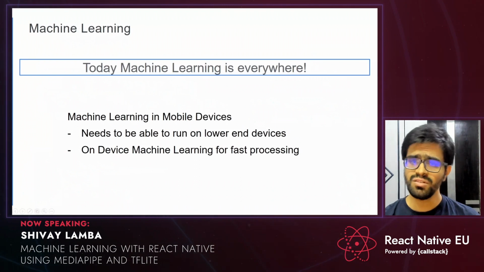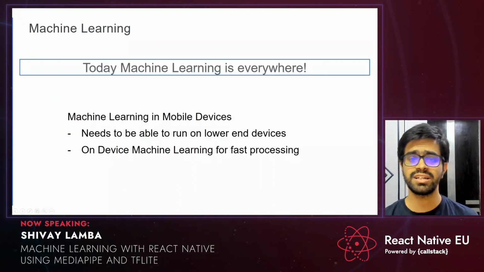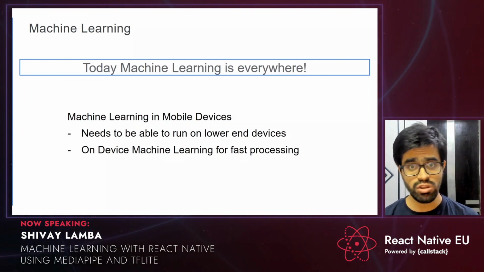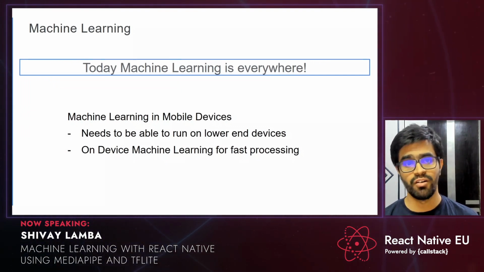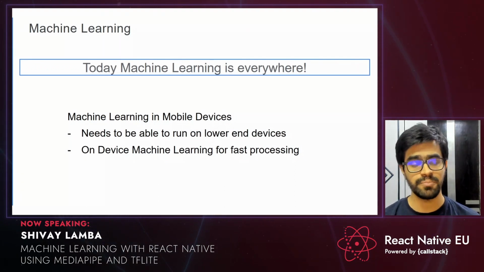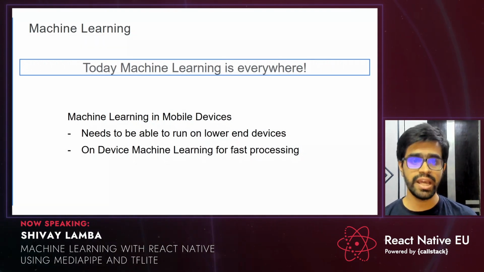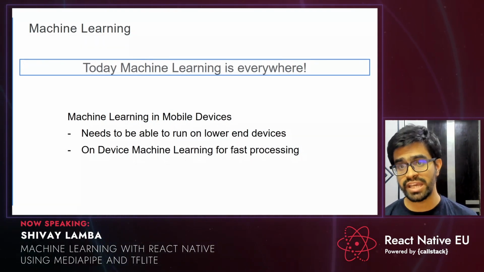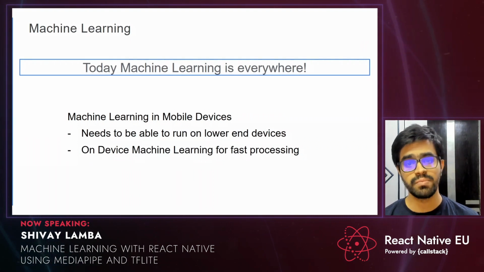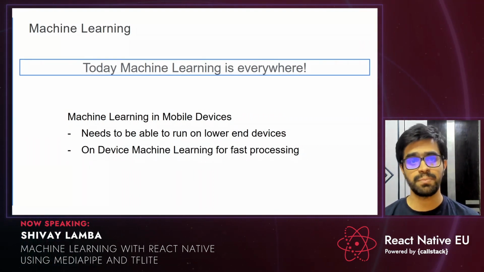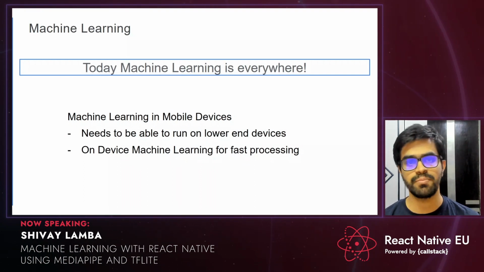Now, of course, we all know how incredible machine learning is. Probably each and every aspect of life that we see, whether it's industry, healthcare, or medicine, is today utilizing machine learning. And machine learning in mobile devices is gaining a lot of attention today because a lot of the different applications and processes are happening with the help of smartphones and websites.